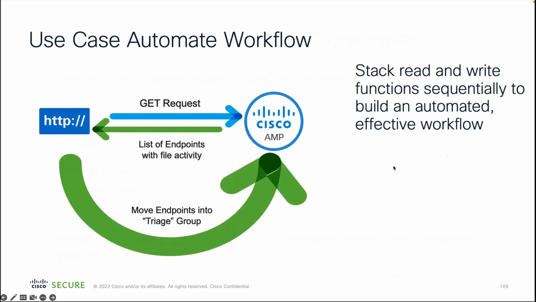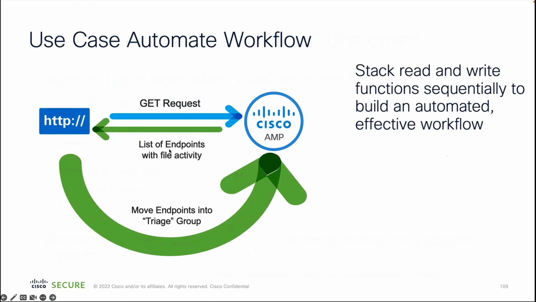So a quick example of how Secure Endpoint APIs could be used is, in this example, we want to get a list of endpoints which have some file activities, which have some files executed, for example, on those endpoints, right?